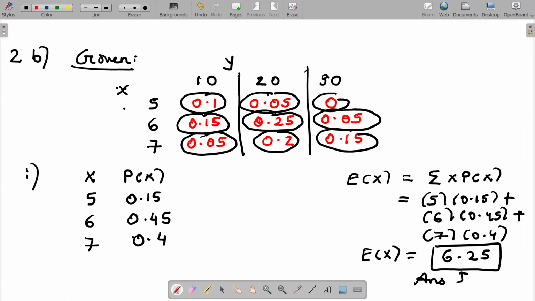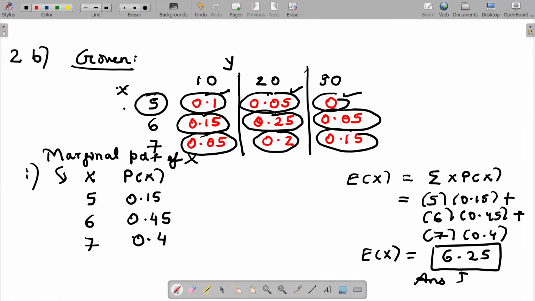So first, from the joint distribution table, we have to find the marginal PDF of x, which is values taken by x with corresponding probabilities. Probability of x taking the value 5 is 0.1 when y takes the value 10 plus 0.05 when y takes the value 20 plus 0 when y takes the value 30.